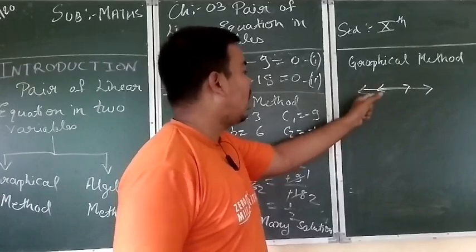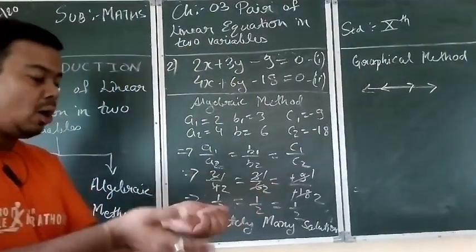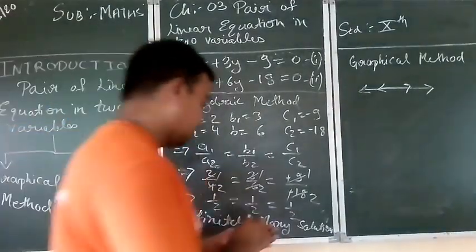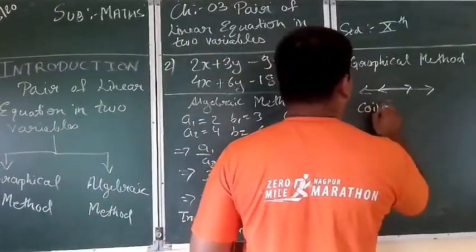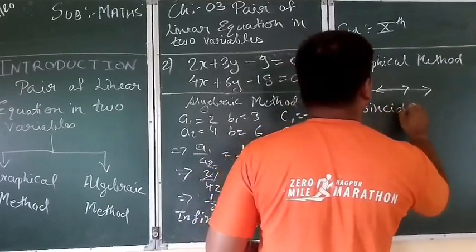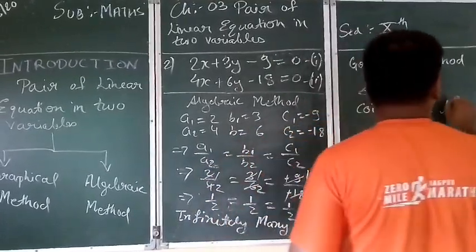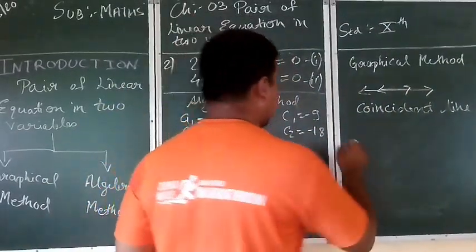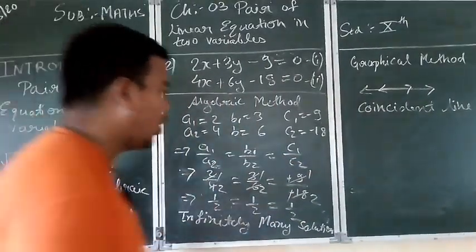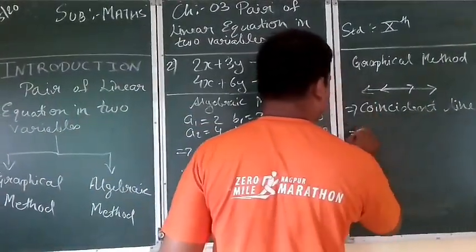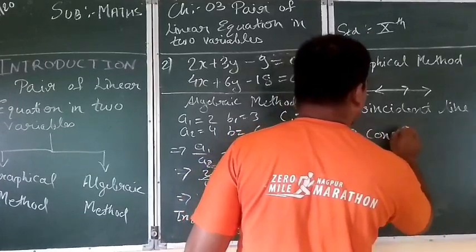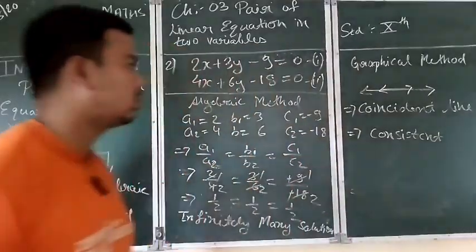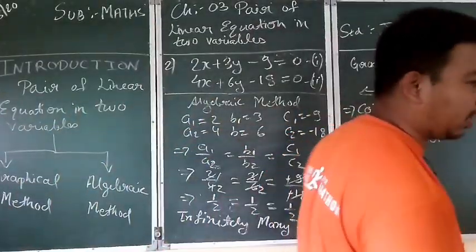In a graph, one line coincides with the other, lying together as one line. This is called a coincident line. Two lines together, and here also we find a solution. So it's called coincident.